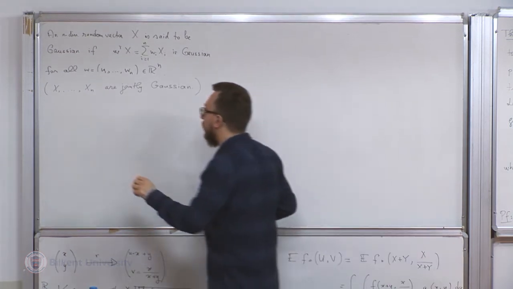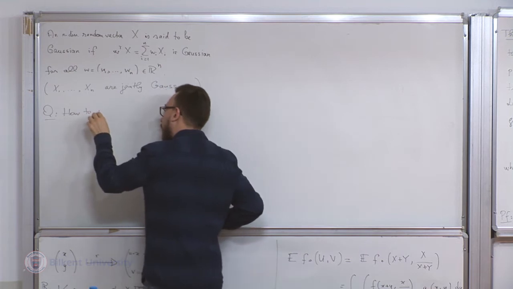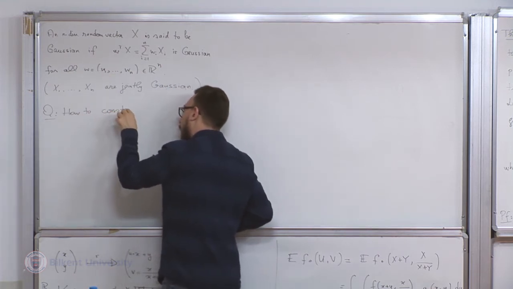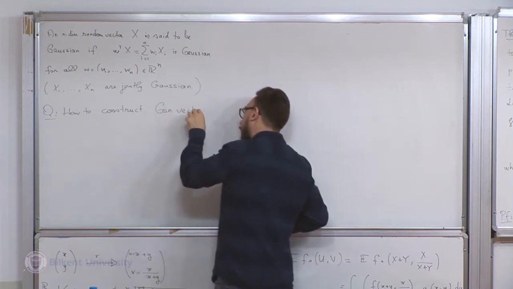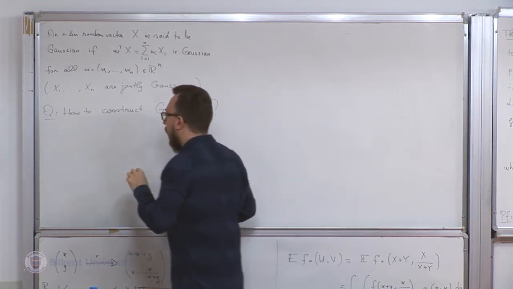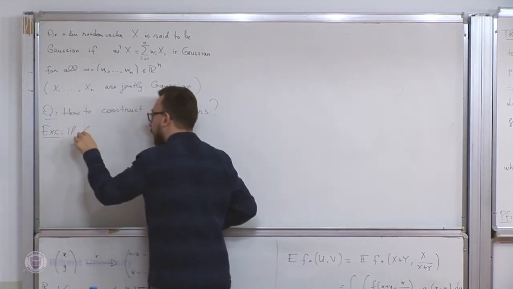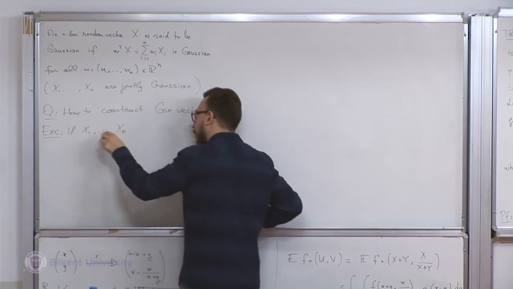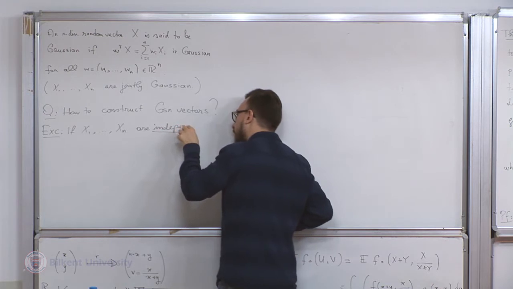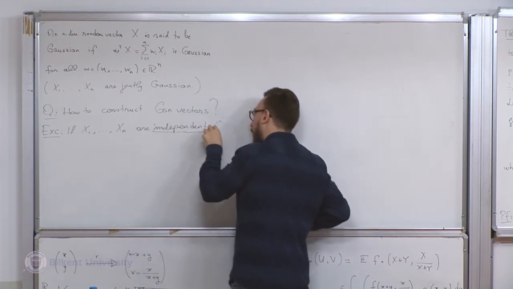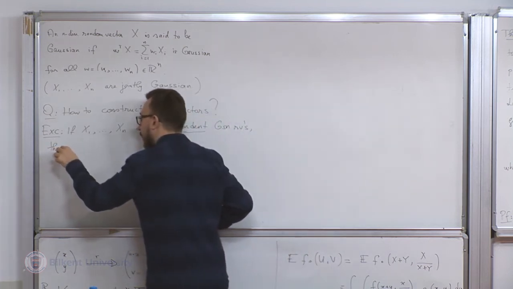So the question is how to construct Gaussian vectors. One simple answer is that if X1 to Xn are independent Gaussian random variables, then they are jointly Gaussian.